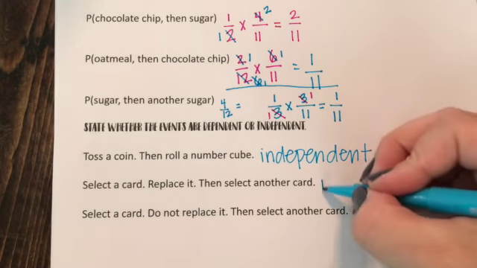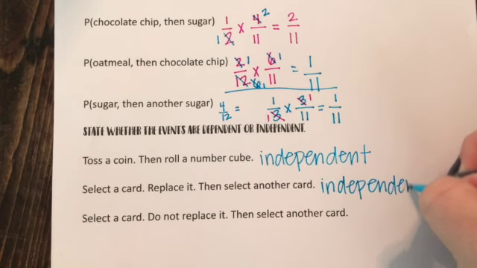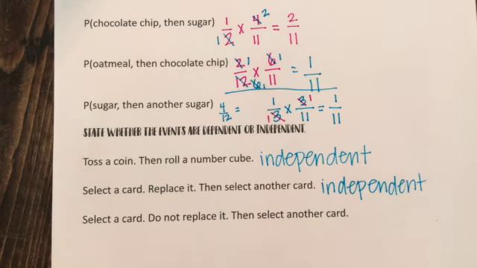What do you think? Okay, that would be independent, because it doesn't matter what I pick on the first one because I'm putting it back. So it's going right back into the stack and you have the exact same cards to pick from as I did. Down here on this last one, you select a card, you do not replace it, and then you select another card.